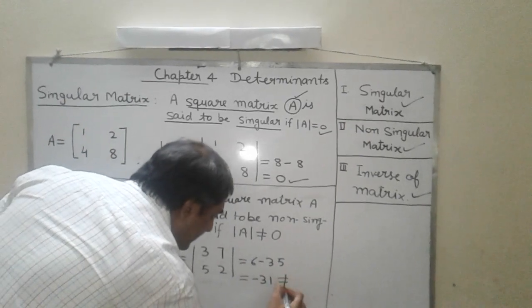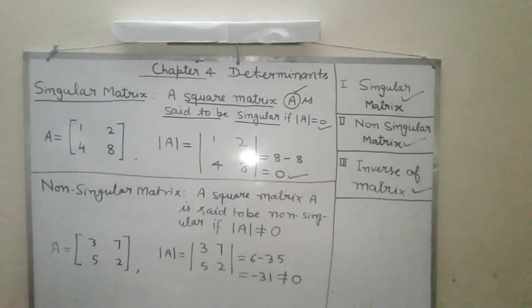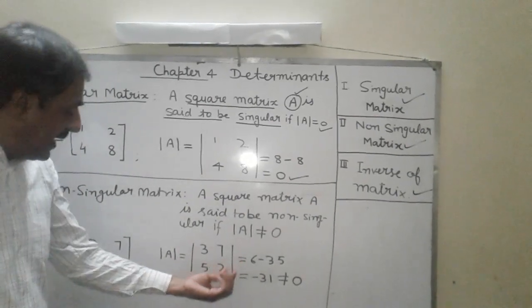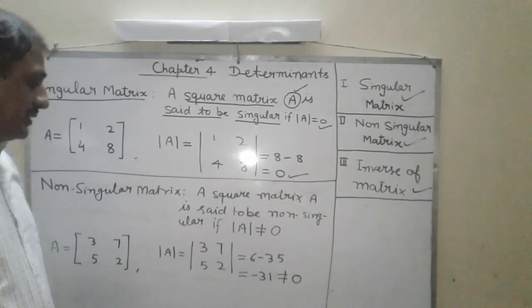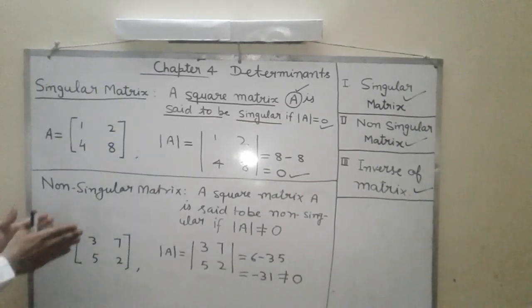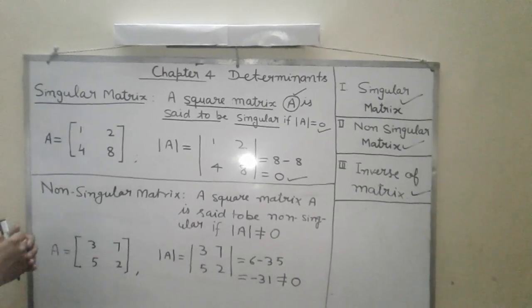Here you see that the value of this determinant is not equal to 0. It means this is an example of non-singular matrix.